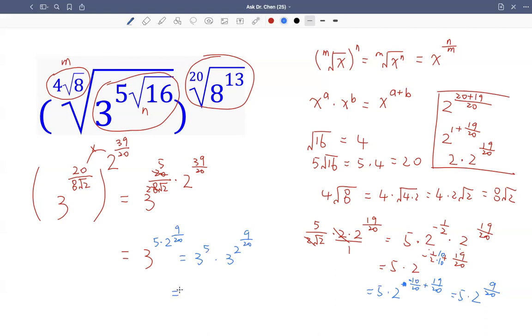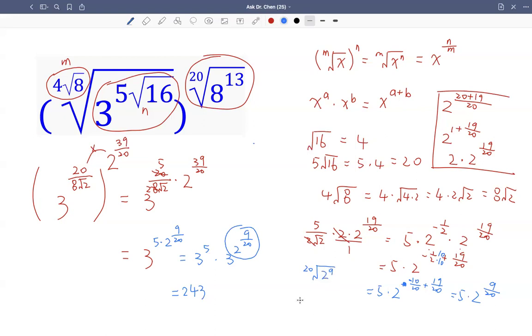So that can be written as 3 to the 5 times 3 raised by 2 raised by 9 over 20. Or 3 raised by 5, well, let's multiply. It's a big number, right? 3 to the 4 is 81. 81 times 3, 243. So 243. Now we have 3 raised by 2 raised by 9 over 20, which is the 20th root of 2 raised by 9.